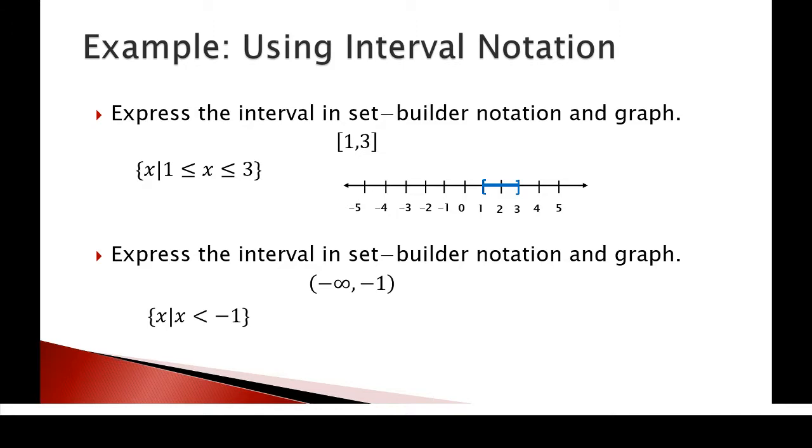As a second example, this is an open interval which includes all the data points less than -1. In this interval, -1 is not a point. Now let's draw a graph. Again, draw a real number line, then mark the values.